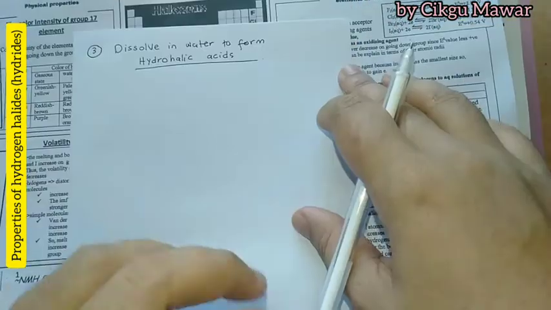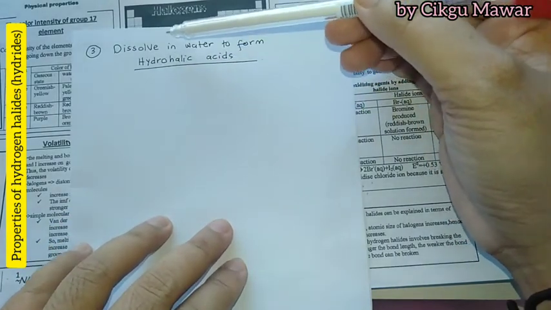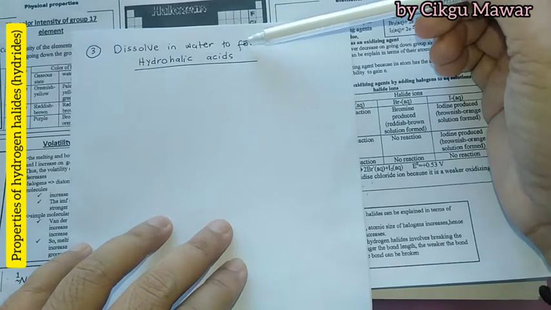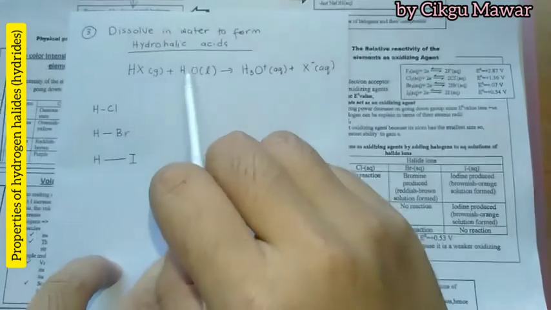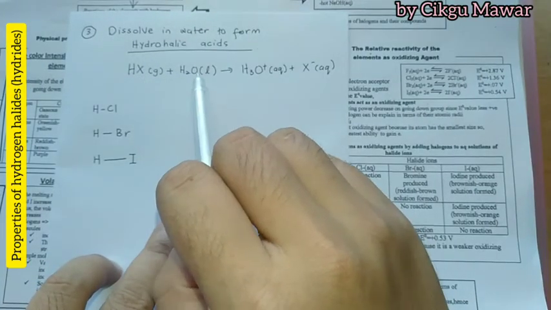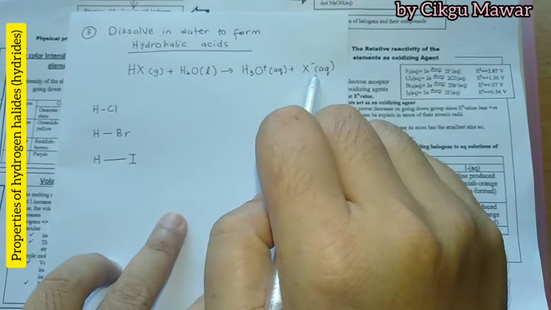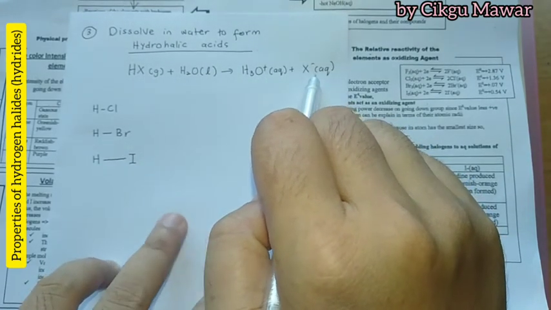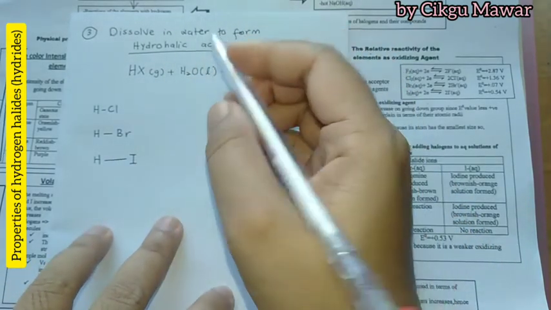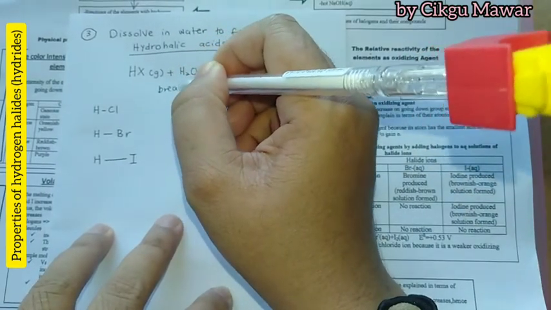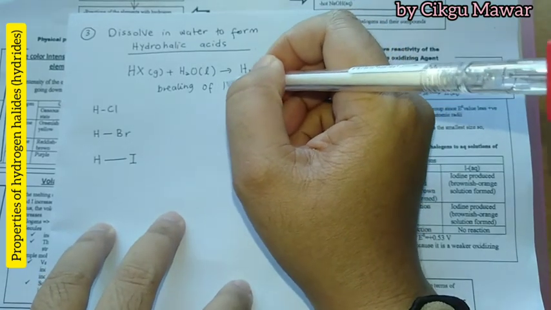The third property of hydrogen halide is that all hydrogen halides can dissolve in water to form hydrohalic acid. Here is the reaction involved: hydrogen halide reacts with water to form hydroxonium ion and halide ion. The dissolution involves the breaking of the HX bond.